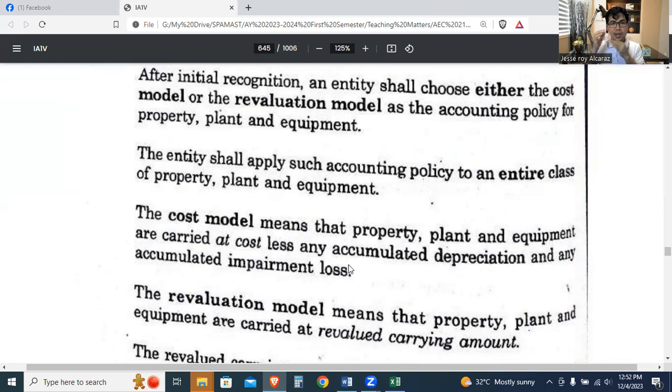And then we have the salvage value and also the useful life. So, every year, we will be computing depreciation expense in relation to the equipment or the PPE. So, purchase cost less the accumulated depreciation will arrive at the carrying cost. So that is how the cost model works.